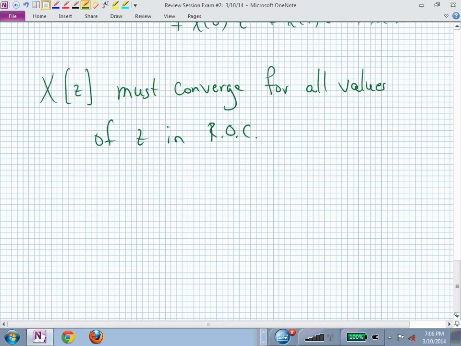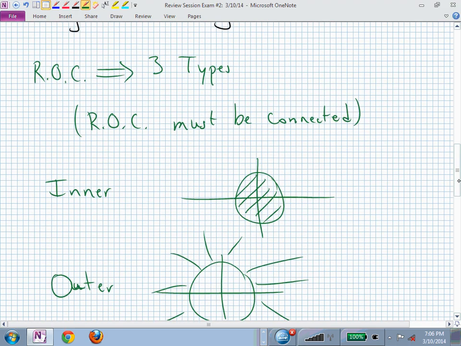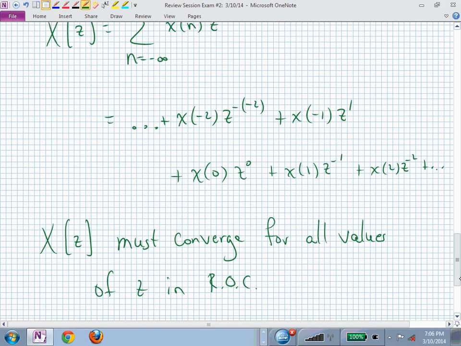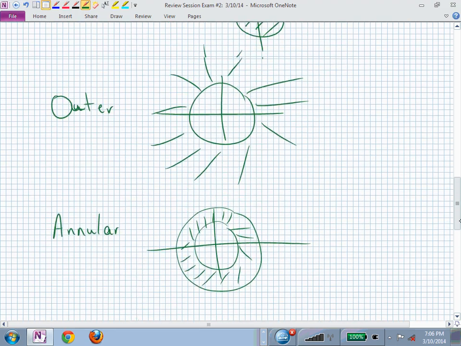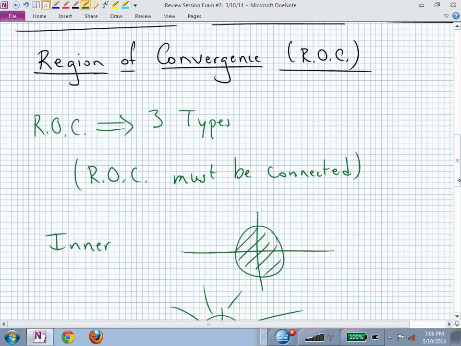So let's say that we now have what I was calling an inner region of convergence. That's this picture, the first one. Suppose the values of z inside this shaded region allow the definition of capital X of z to converge or be bounded. What's a convenient value for z in an inner region of convergence?